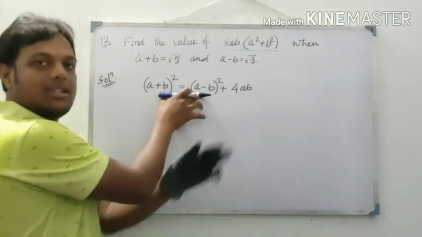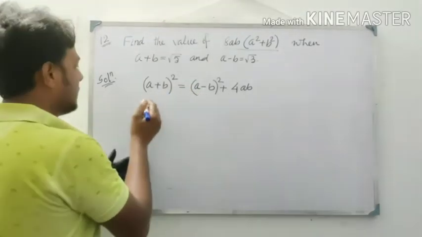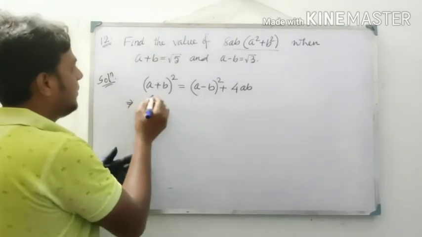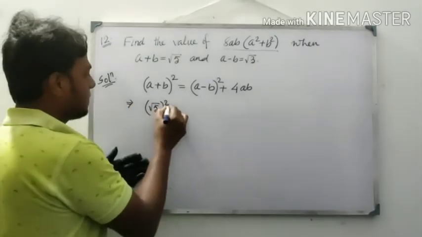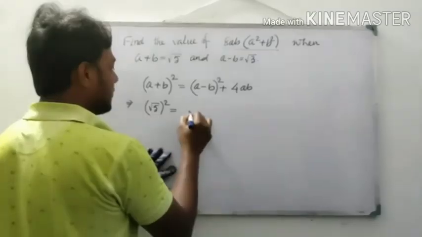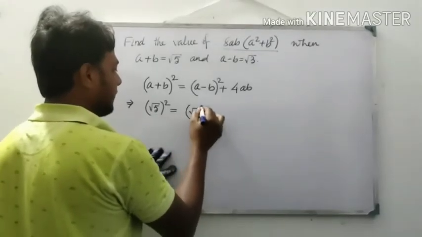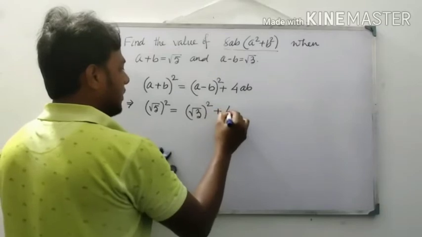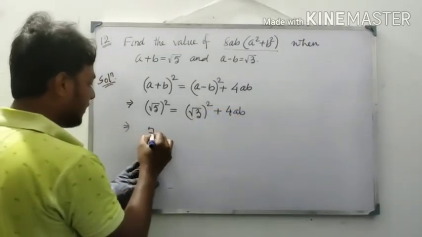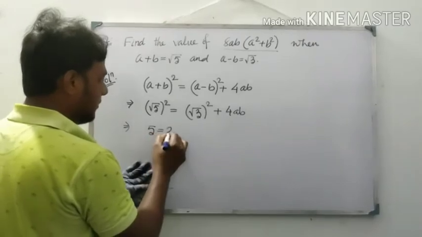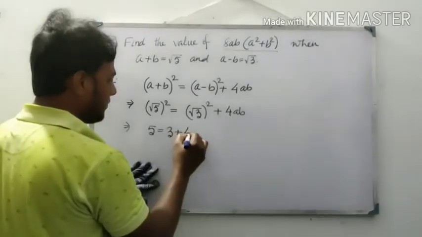From this line you can easily compute ab. So put the values: a plus b whole square means root 5 square equals a minus b, root 3 square, plus 4ab. Root 5 square means only 5, root 3 square means 3, plus 4ab.